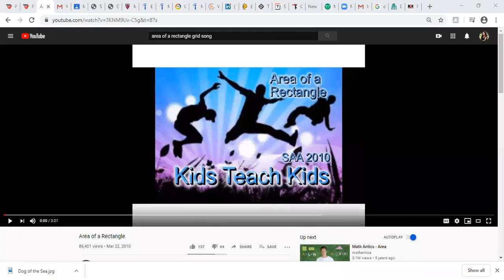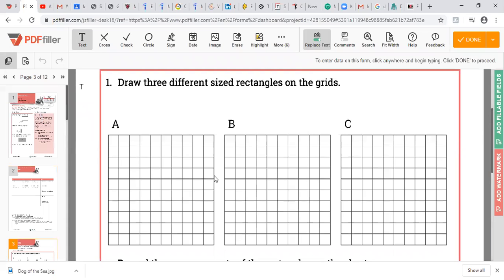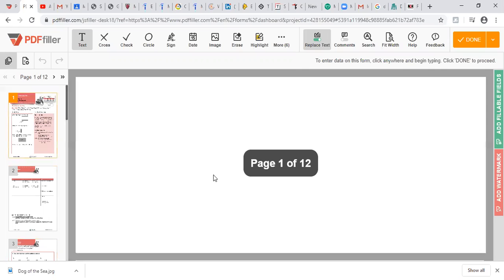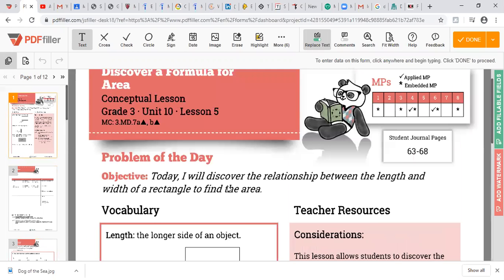Okay, and as you remember, boys and girls, for the last few days we have been talking about area. Taking a look at our objective, it says, today I will discover the relationship between the length and width of a rectangle to find the area.